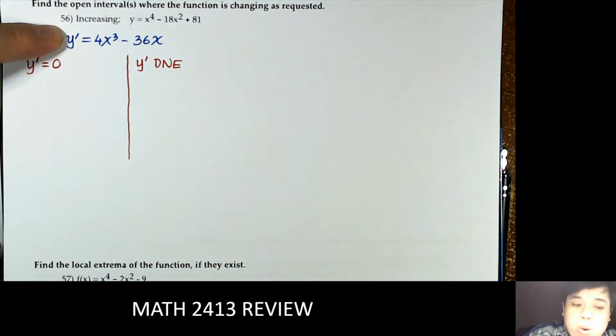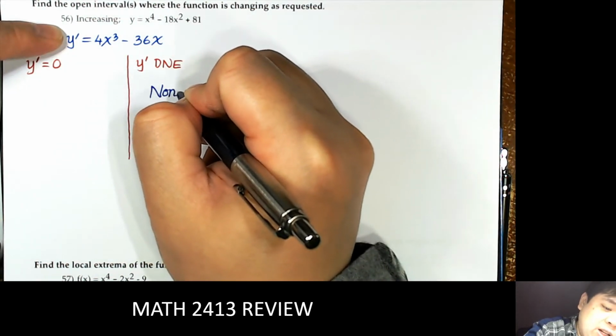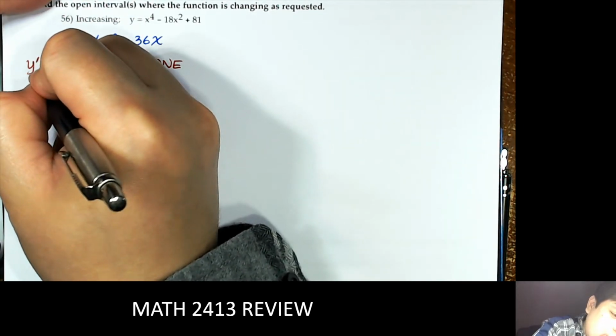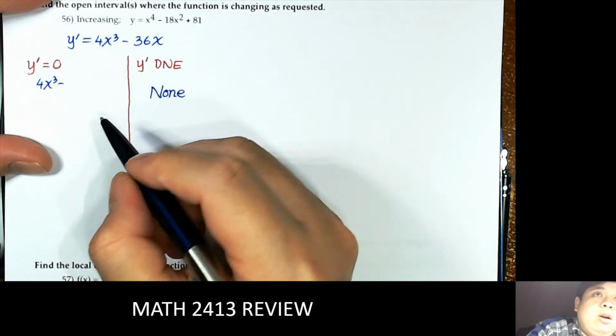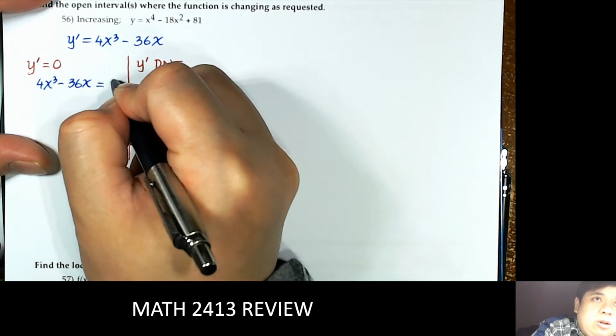This is a polynomial, so it is defined everywhere. So we don't have anything here. We just solve this equation, 4x cubed minus 36x equal to 0.